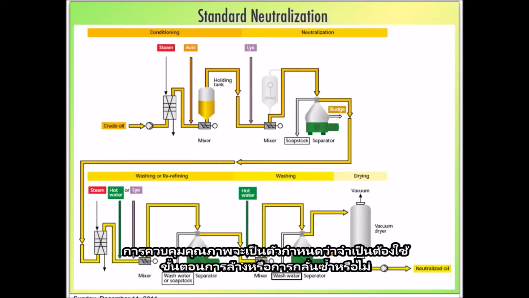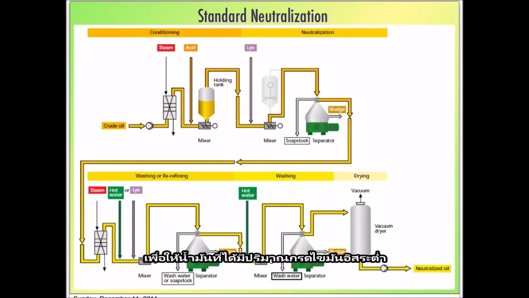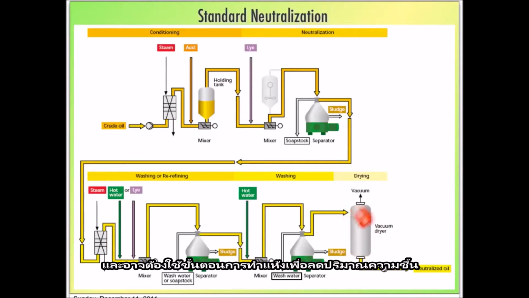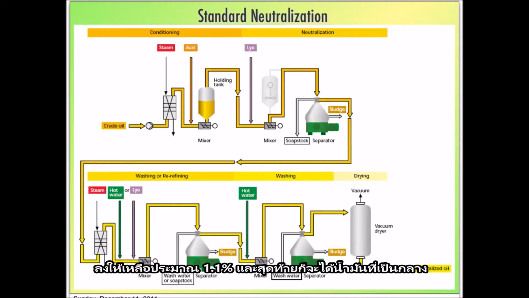The quality control would determine how many washing steps or whether re-refining is needed, so that the final oil will contain a very low amount of free fatty acid. Maybe a drying step is also required to bring down the moisture to around 0.1%, and finally we get the neutralized oil.